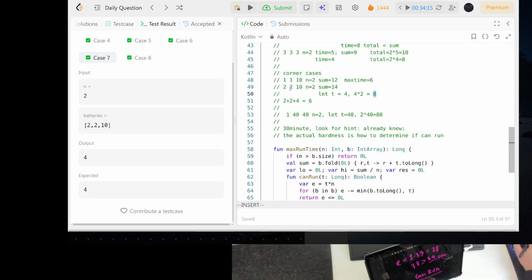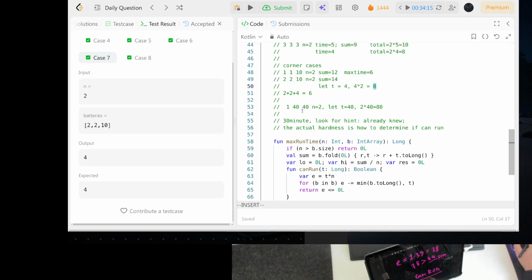And then we iterated and computed how much energy each battery can give us. It can give at most its capacity, or T. So we have 2, 2. So it was my arithmetic mistake. Because this is not 6, it's 8.